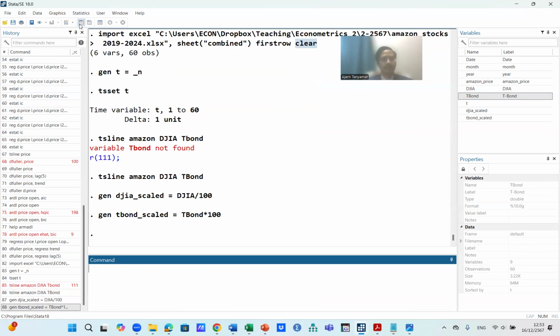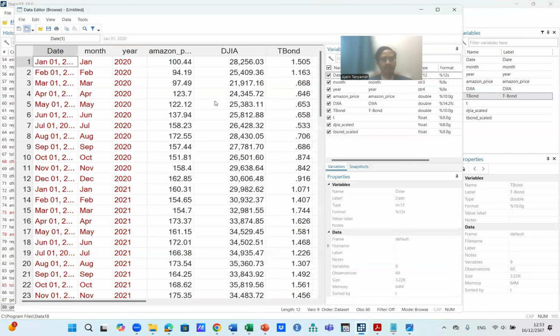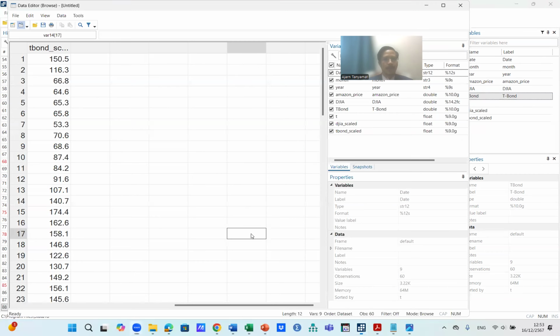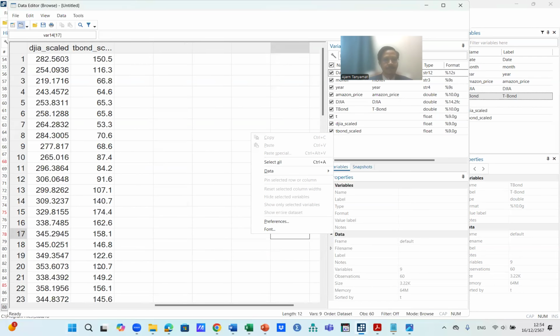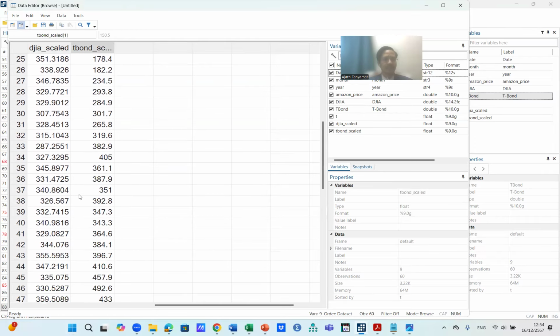Okay. And let's take a look at the data we have. Okay. So DJIA scaled is in the hundreds now, and T-bond is also in the hundreds. So that's pretty good, you know.